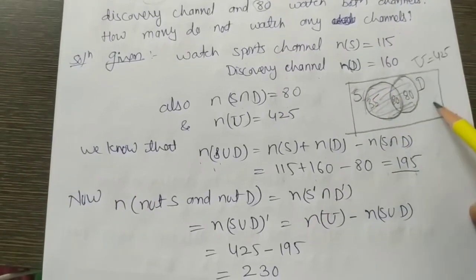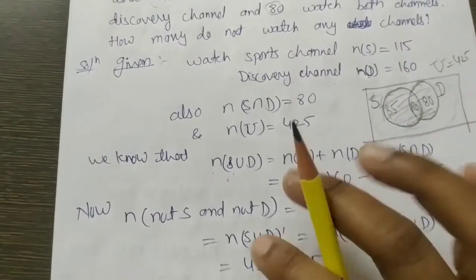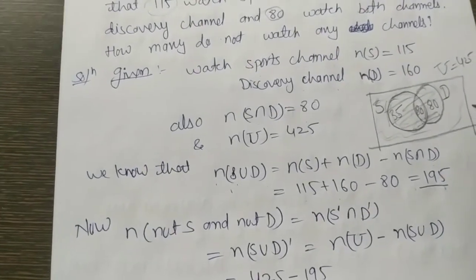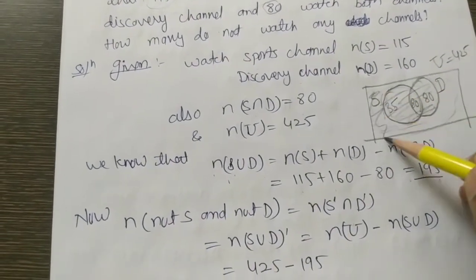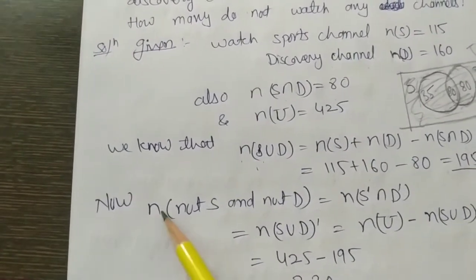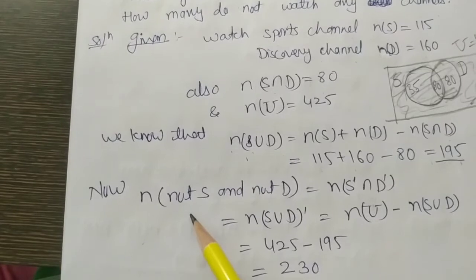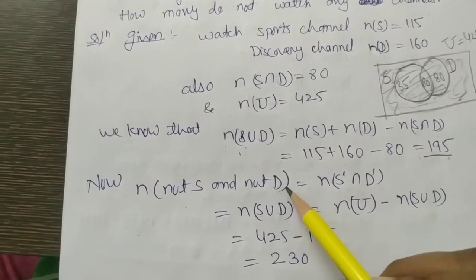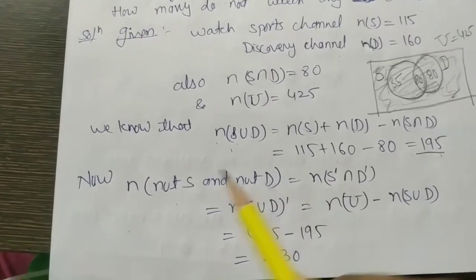How many people are outside these sets? We have to find the persons who do not watch any channel. It means the persons who are outside these circles. The number of persons who don't watch sports channel and don't watch Discovery channel.